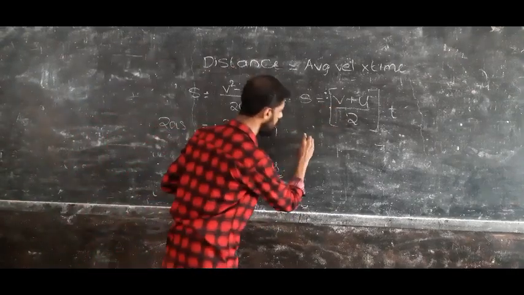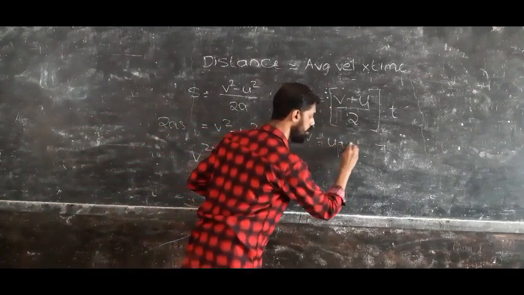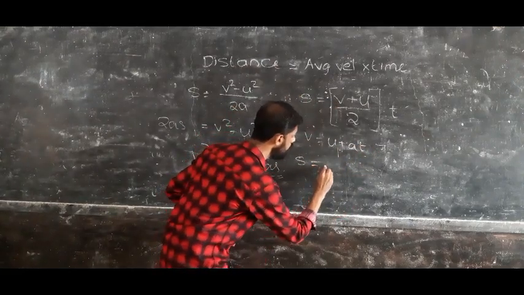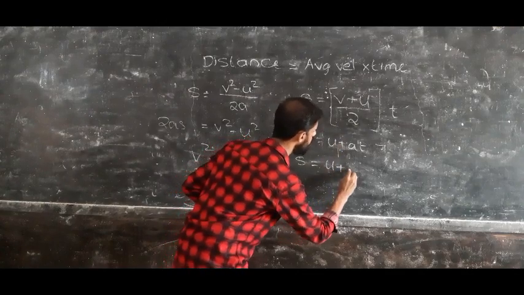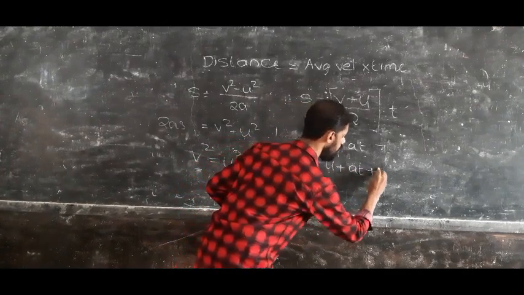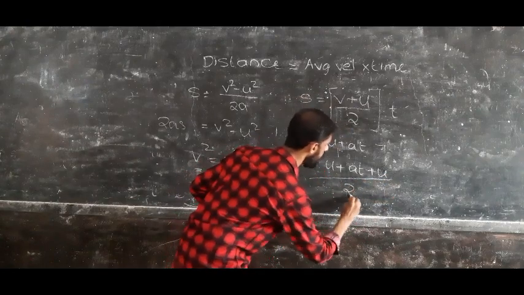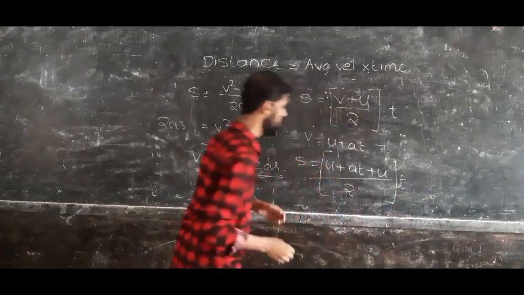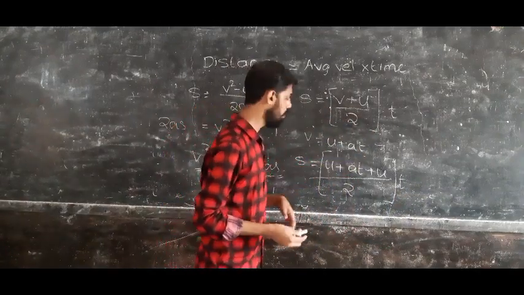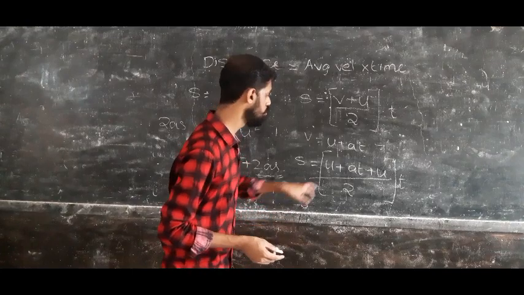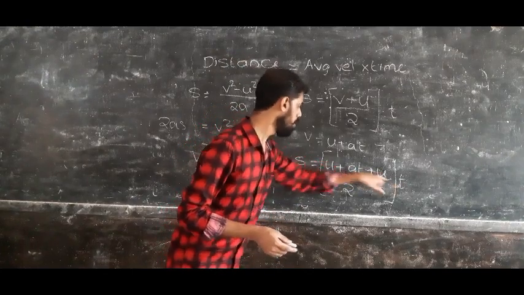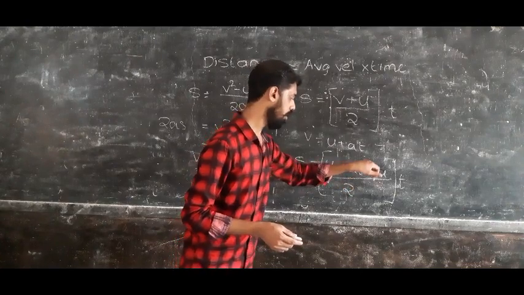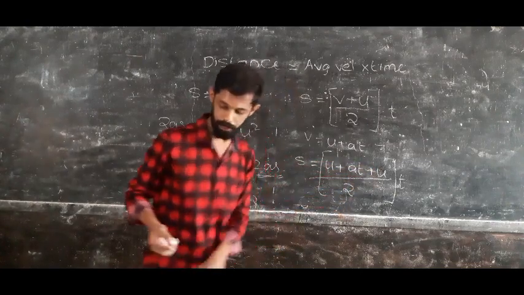From the first equation, v equal to u plus at. So s equal to u plus at plus u, divided by 2, into t. u plus u becomes 2u.